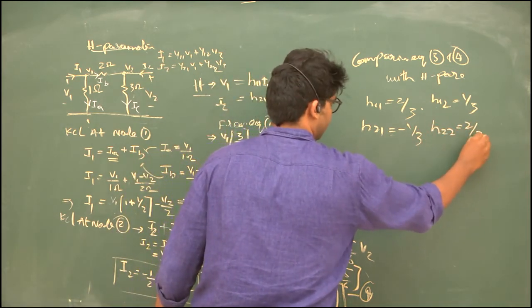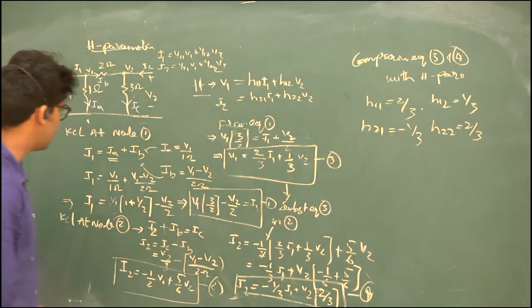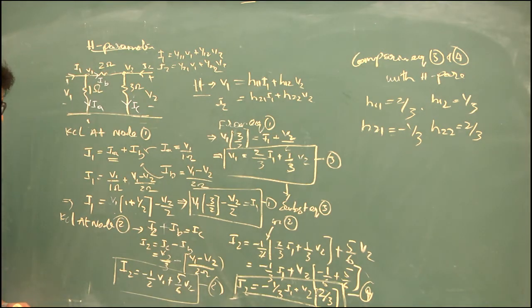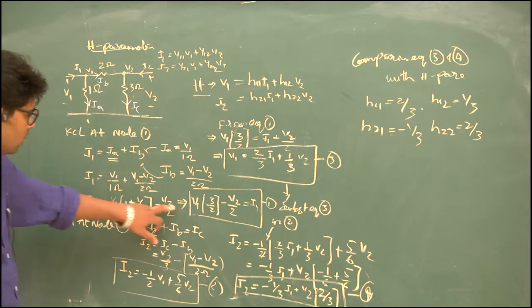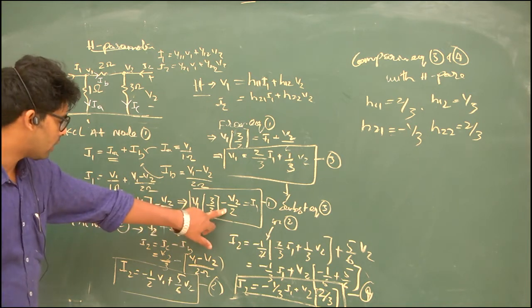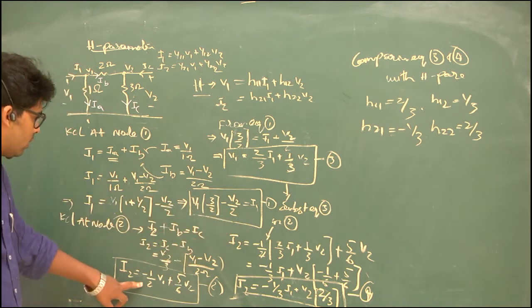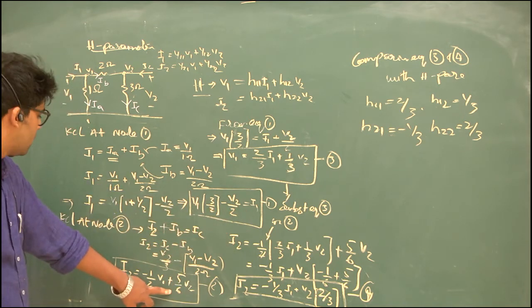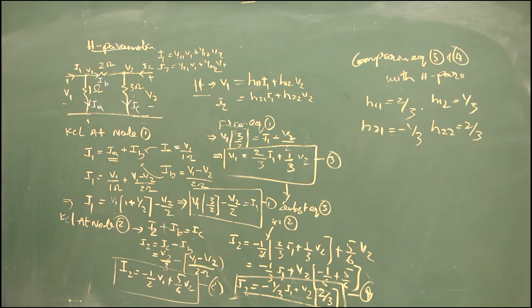Okay. So let us see once whether I did it correctly or wrong. I am taking this equation. I got the parameters as 3 by 2 V1 minus 1 by 2 V2, and minus 1 by 2 V1 plus 5 by 6 V2.